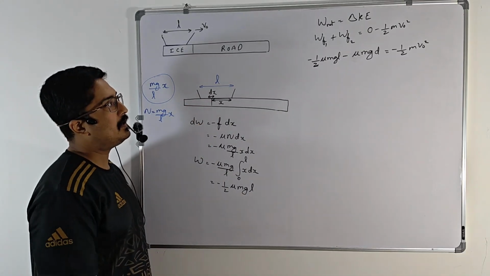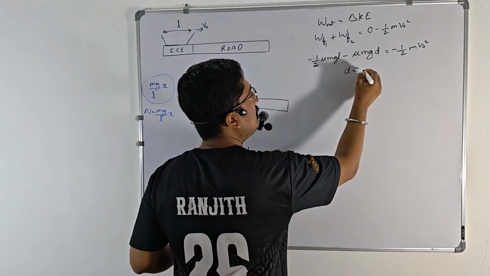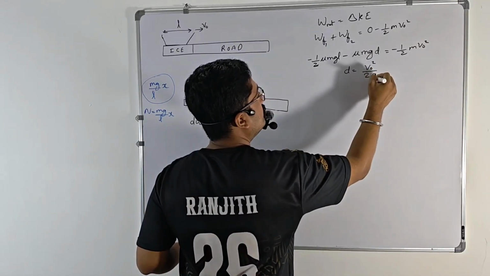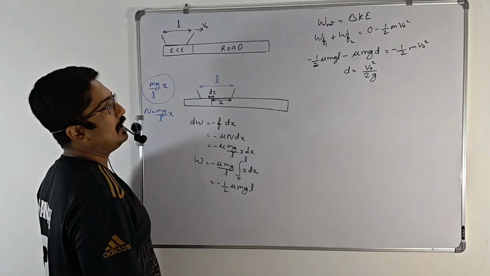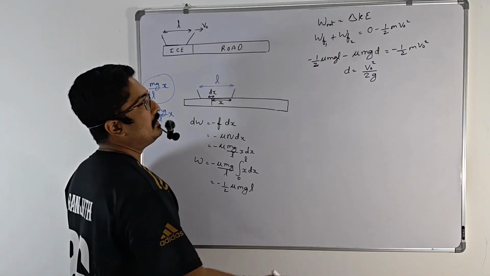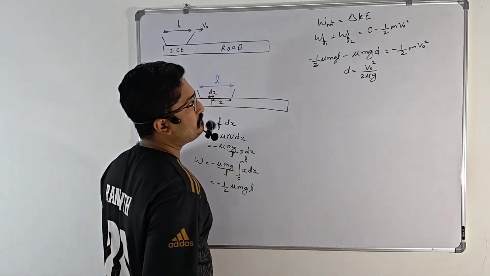So all the minuses can be cancelled, all the mass can be cancelled, and from here finally I'll be getting the d value as v naught square by 2g. Am I right? V naught square by 2g. I think I'll also get a mu value, 2 mu g.